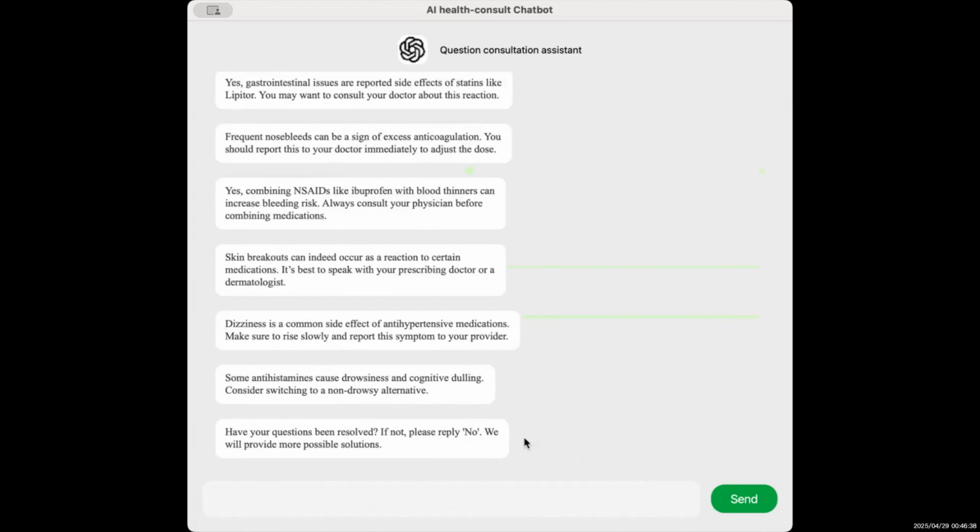It then searches the knowledge base for highly relevant and trusted medical information and generates a clear, professional, and easy-to-understand answer. After responding, the system checks if the user is satisfied.